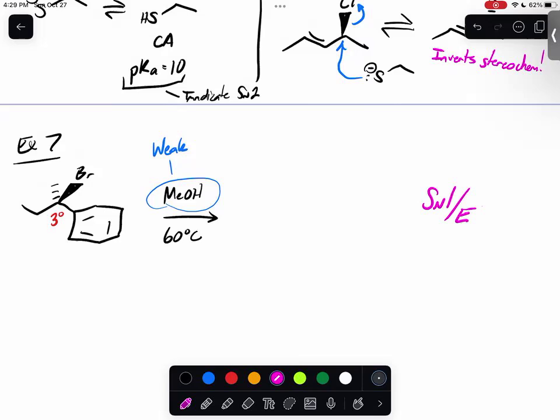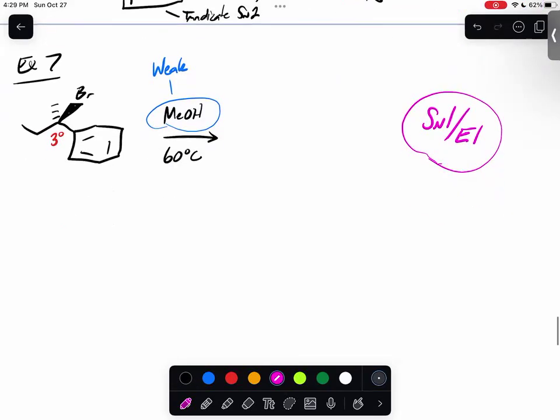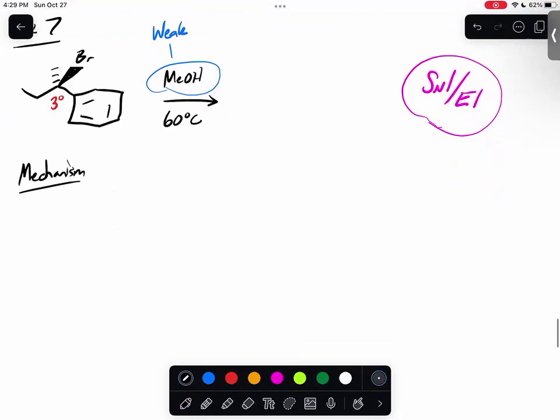Okay? So looking at that, we're going to look at the mechanism behind these. So for this reaction here, the first step is always the same, because we start out with our leaving group leaving, so that bromide just heads out.